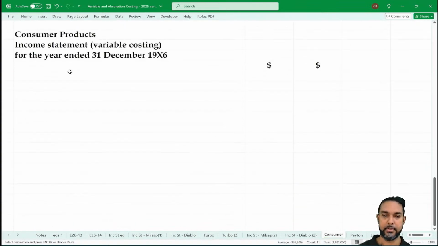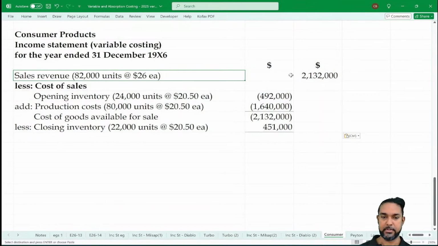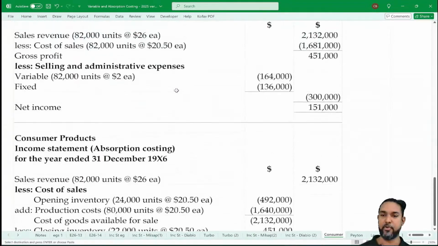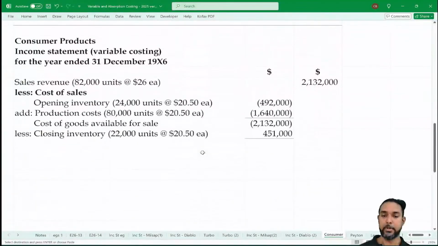So this is the more traditional way that can be used to do the variable cost income statement. So 82 by 26 is that. Now, opening inventory is that. Now, the cost per unit under variable costing is 17, so we're going to use that here.